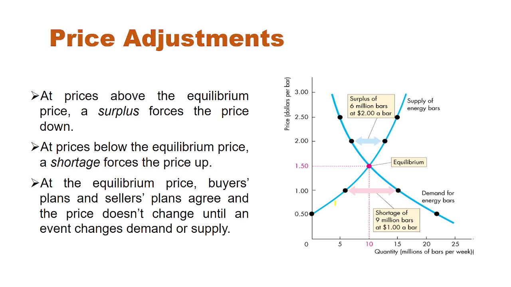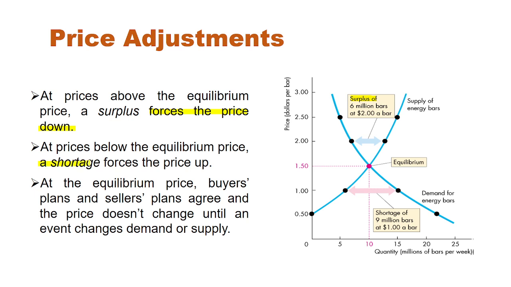Price adjustment. Generally, we know that at a price above the equilibrium price, a surplus forces the price down, because at a price above the equilibrium we have a surplus of supply. This surplus forces the price down. At a price below the equilibrium price, a shortage takes place.